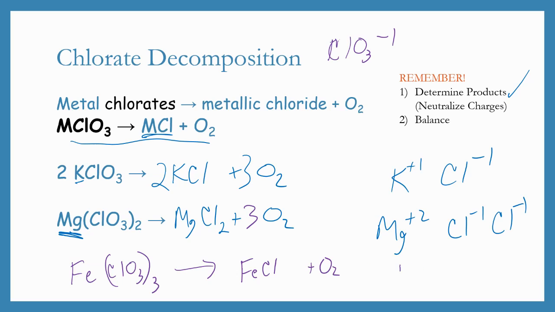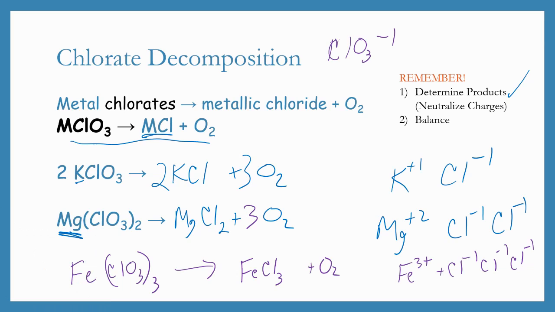Well, iron 3 is iron 3 plus, and we know that because there are 3 chlorates. So that's going to need 3 chlorines to neutralize it. And so that's why there's 3 chlorines, there's 1 iron, that works. And then the chlorates, 3 is 9. Ugh, it's going to be ugly, kids.